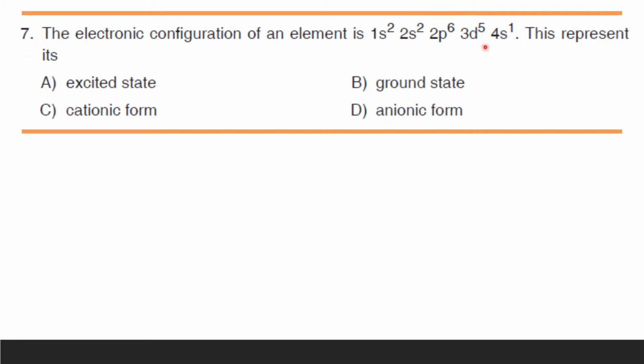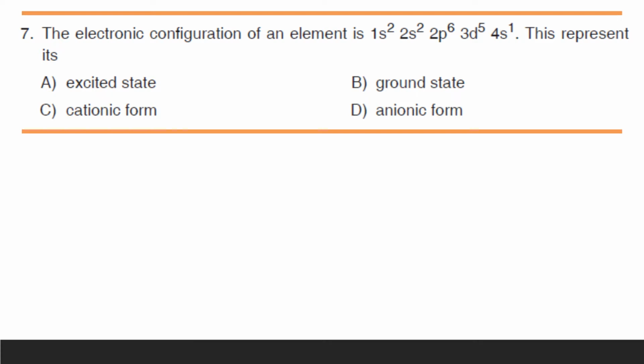But if you're supposed to answer this question, the only thing that is needed is its valency, in the sense of the last part of the electronic configuration, that is the shell in which the last electrons are entering. If that represents a stable electronic configuration, you can say that it corresponds to the ground state of the atom.